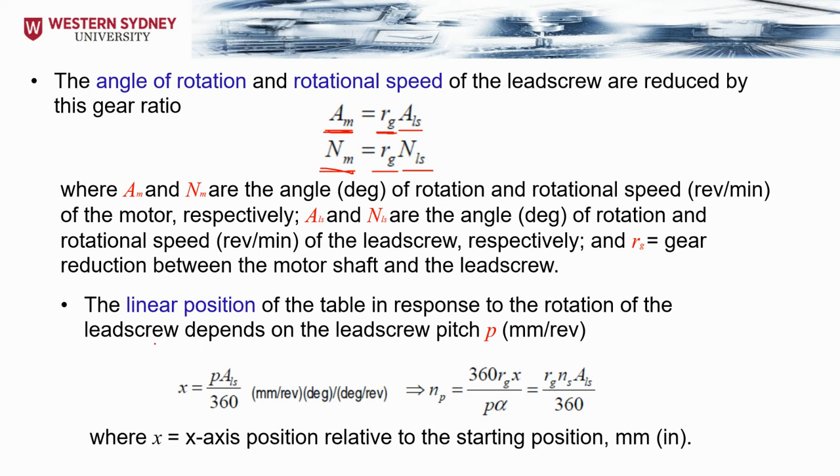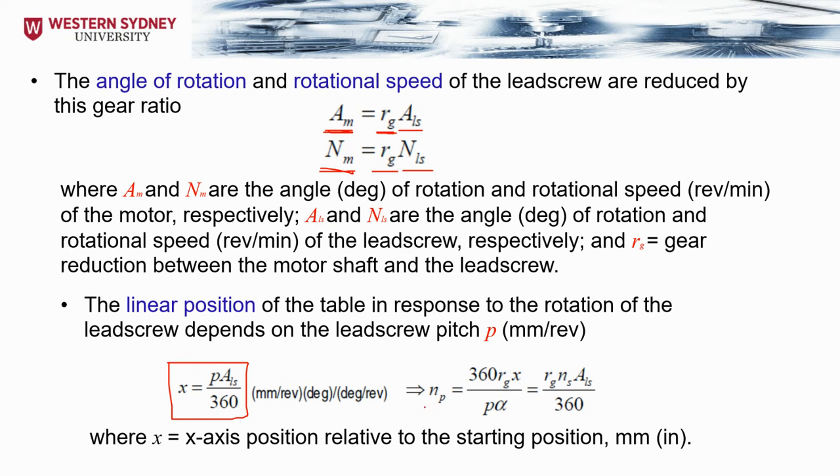The equation to calculate that is: x is equal to the pitch value multiplied by the angle of rotation of the lead screw, alpha, divided by 360. You can see from the units: millimeter per revolution, degrees for alpha, divided by degrees per revolution, which again gives you 360.